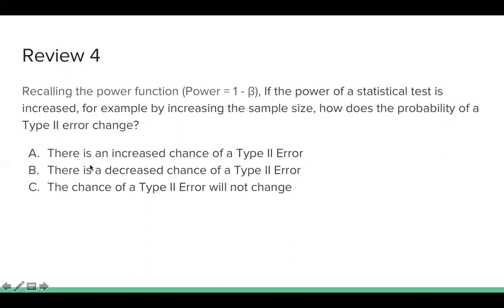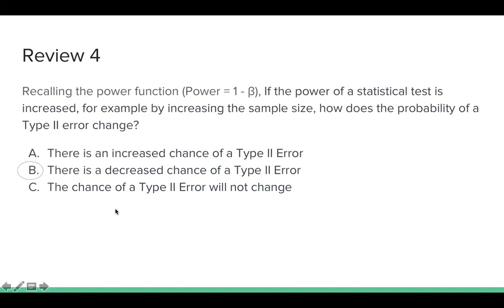So here you can figure out the answer by playing around with the function that I gave. You're asking if the power is increased, how does the probability of a type 2 error change? So really it's just, if power increases, what happens to beta? Will it increase, decrease, or not change?